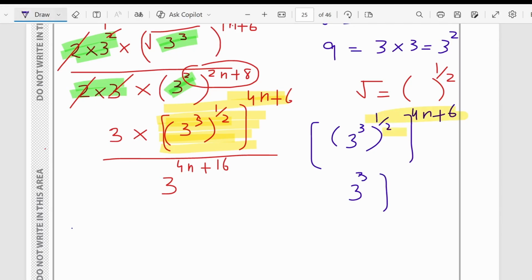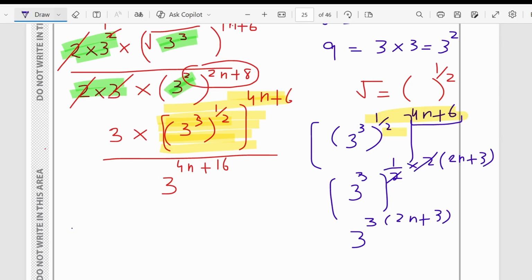So I take 1 by 2 and take 2 common from this part; inside it would be 2n plus 3. This 2 will be cancelled out. So we have 3 cubed to the power 2n plus 3. Now this 3 will multiply inside, so we'll have 3 raised to power 3 times 2n, which is 6n, and 3 times 3 is 9, plus 9. Now this is the simplest form of this part.